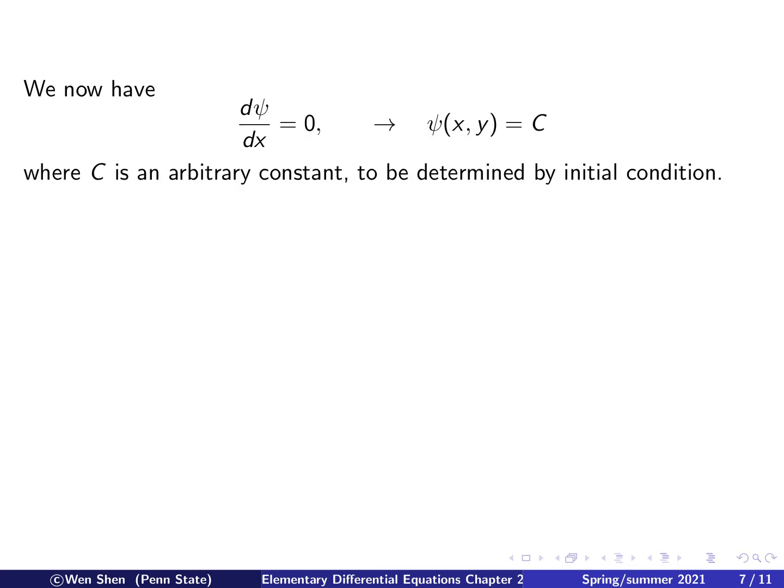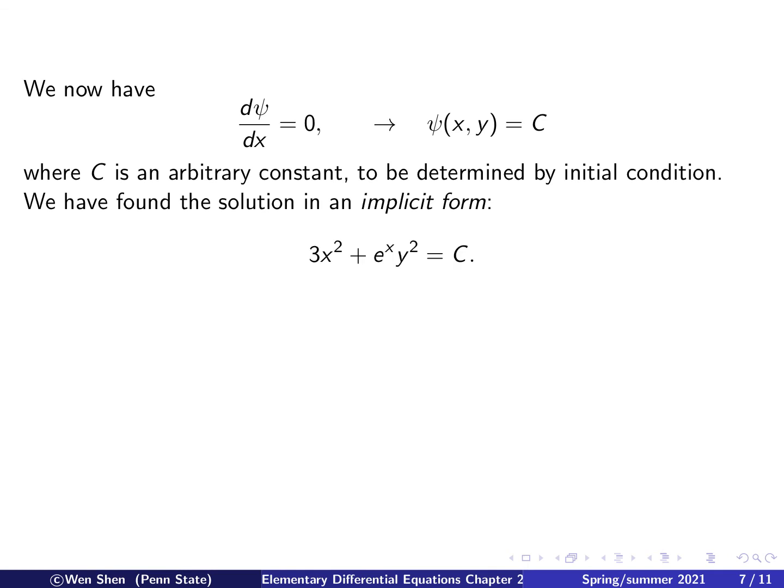So if the derivative of this function is 0, then this function must be a constant c, where this constant is arbitrary and could be determined eventually by the initial condition. And then we see that we have found the solution in an implicit form.